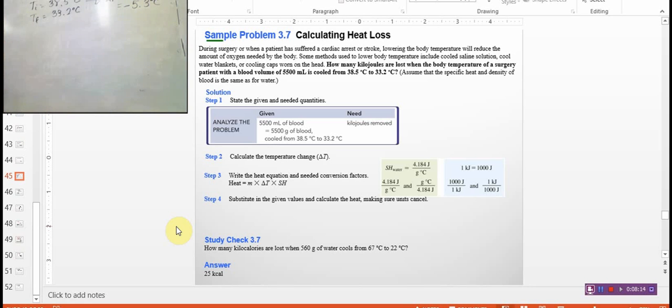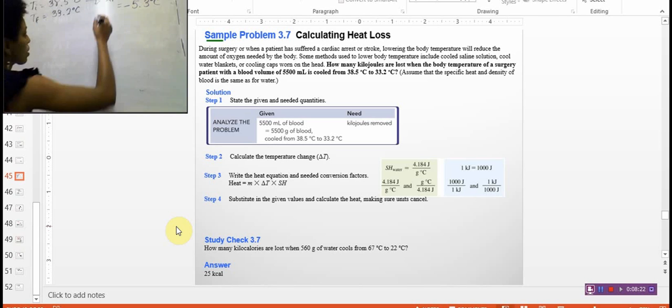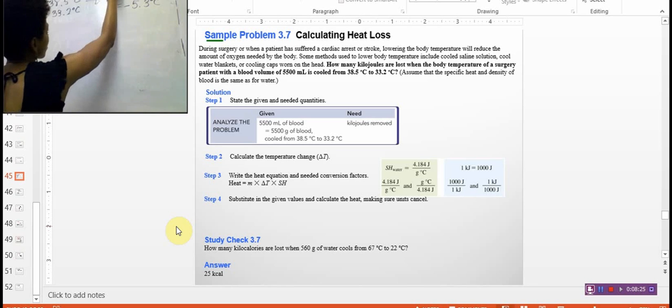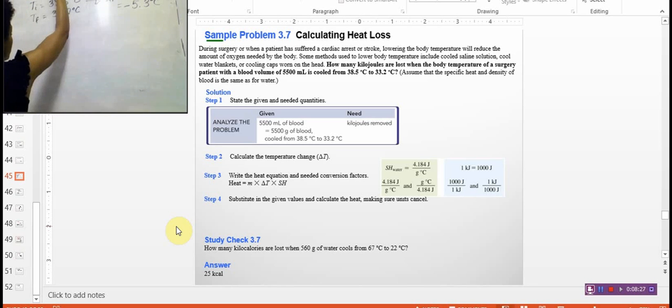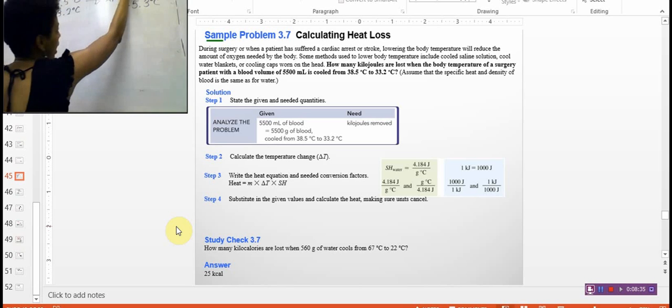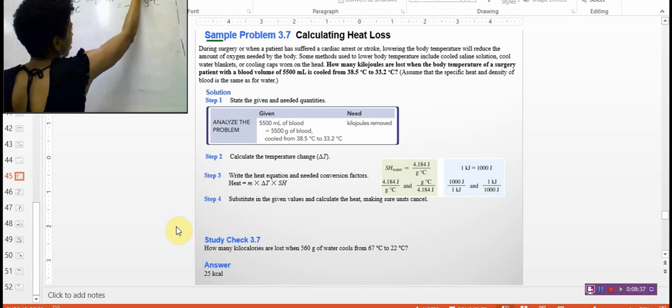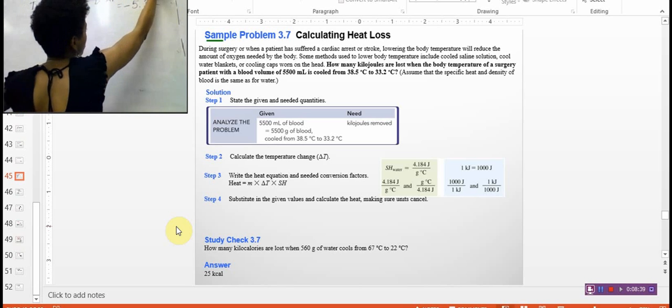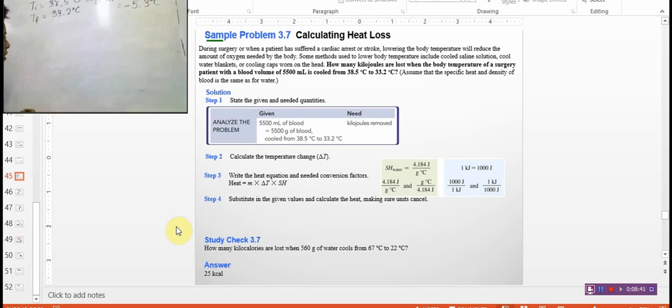And this problem is saying assume that blood has the same density and specific heat of water. So if density is equal to 1.00, for every milliliter I've got 1 gram. So I can say that my mass of the blood is 5,500 grams.